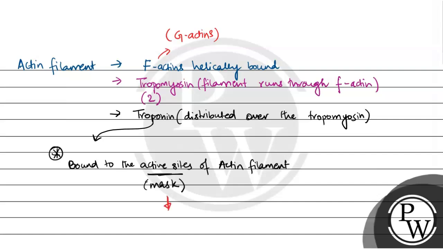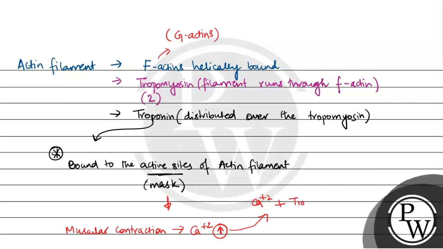जब muscular contraction initiate करना होता है, acetylcholine is released in the neuromuscular junction as a result of which जो calcium होता है that is increased in the sarcoplasm from the sarcoplasmic reticulum and this calcium binds to the troponin.